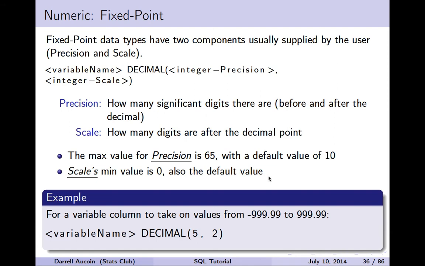For instance, if we want to take on values from negative 99.99 to 99.99, I would have decimal of 5, comma 2. As I said before, it has a default precision of 10 and scale of 0.